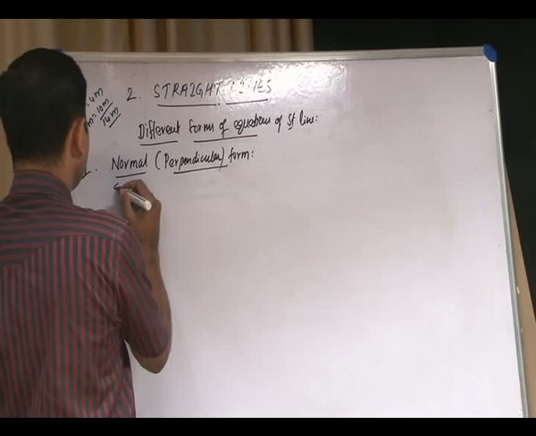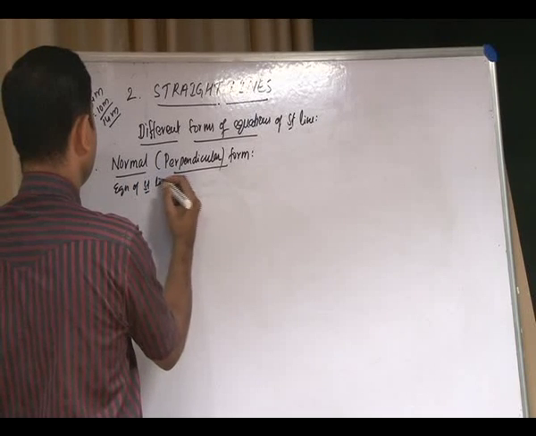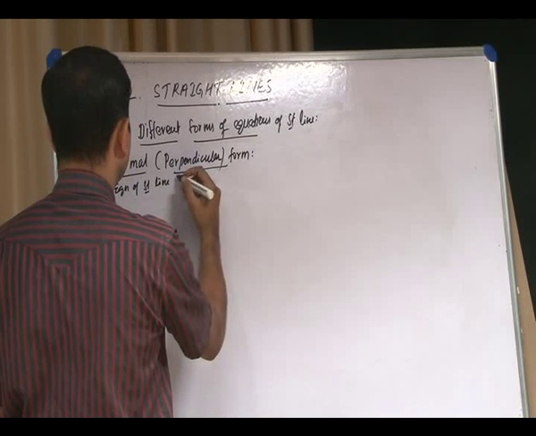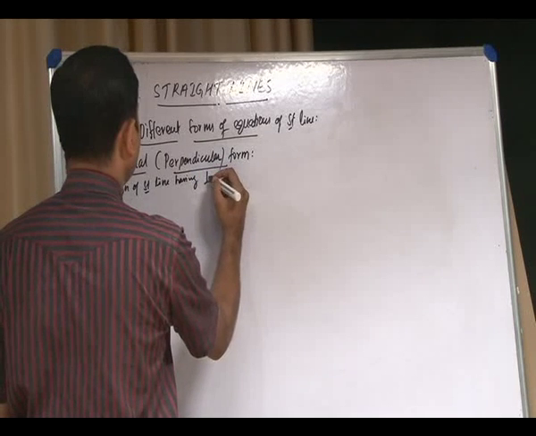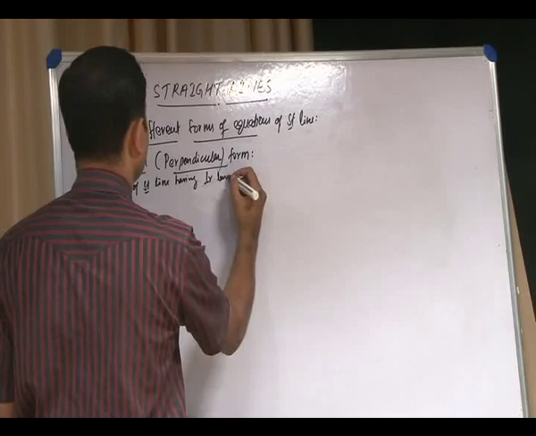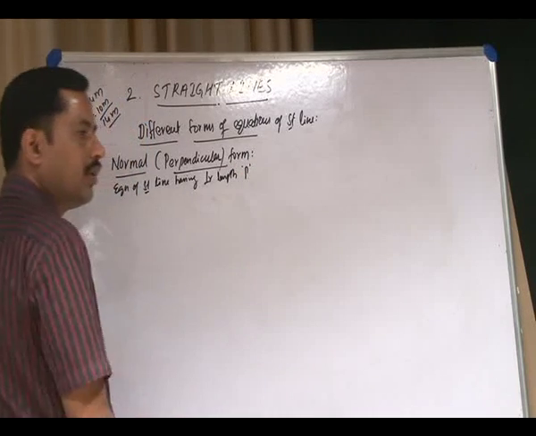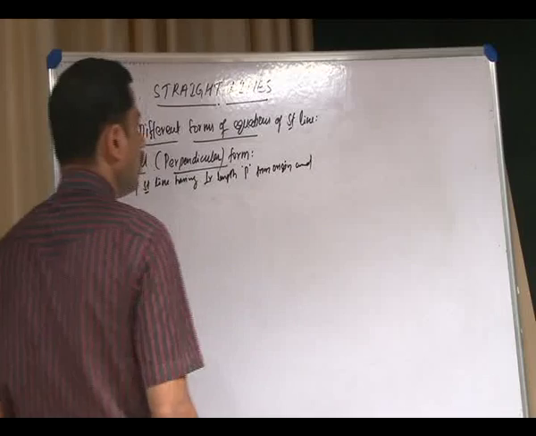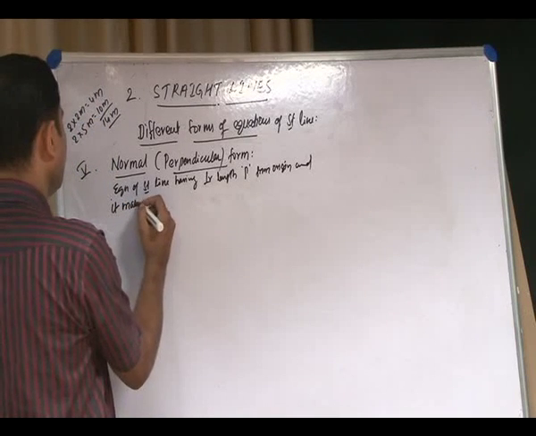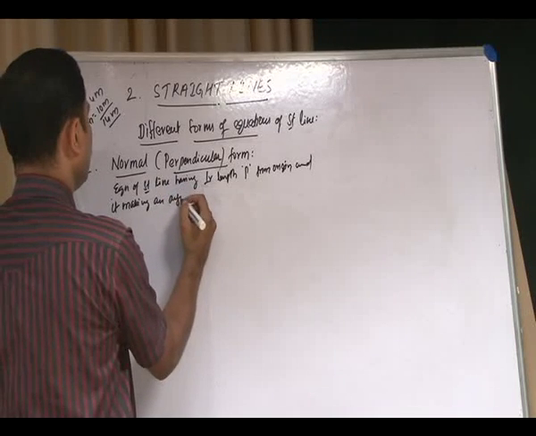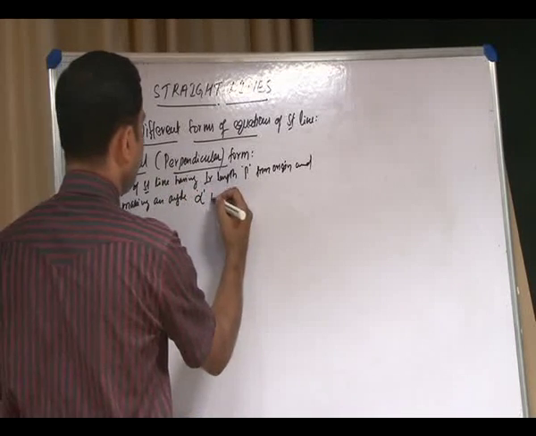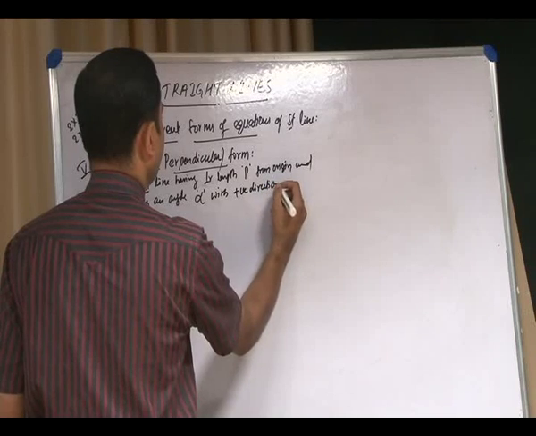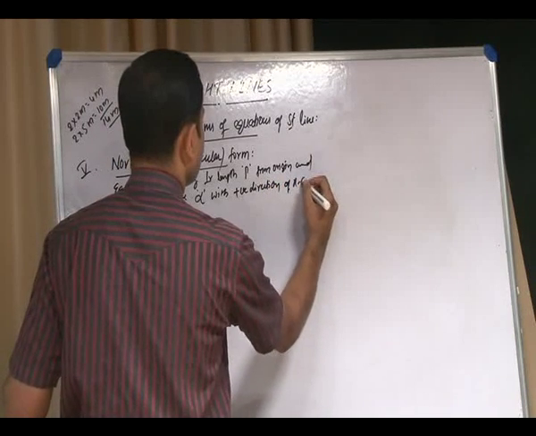That is the equation of straight line having a perpendicular length p from origin, making an angle alpha with the positive direction of x axis.